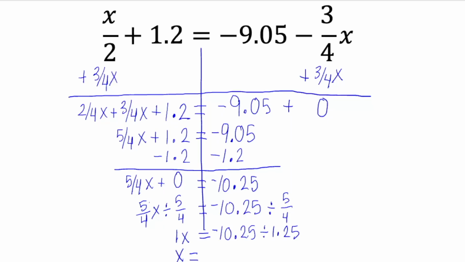Negative 10.25 divided by 1.25 equals negative 8.2. The solution to the equation is x equals negative 8.2.